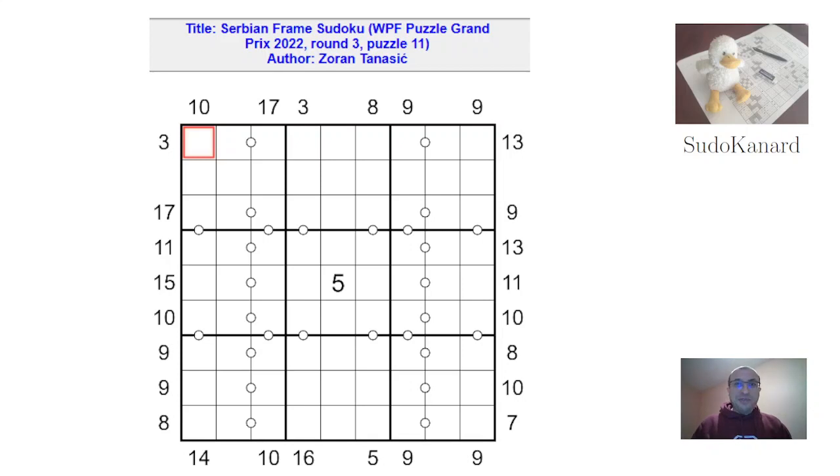This Sudoku puzzle was featured, believe it or not, in the WPF Puzzle Grand Prix. The round was organized by Serbia, and all the titles of the puzzles began with an S, and there was Sudoku, just plain Sudoku, and this Serbian frame Sudoku, which makes sense for a Serbian author.